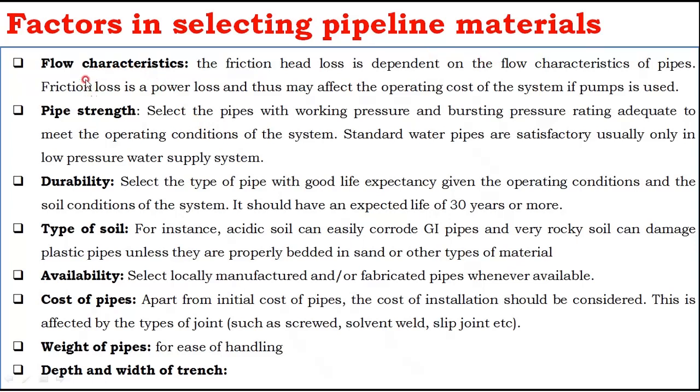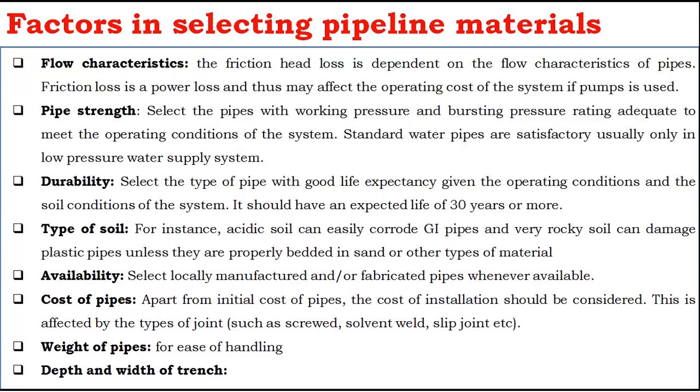For example, you are in a water supply scheme and your boss asks you to purchase some pipes. Then what are the factors you need to see before you purchase the pipes? That is all covered here. First one is the flow characteristics. You need to check. The friction head loss depends on the flow characteristics of the pipes. Friction loss you studied in fluid mechanics. Darcy-Weisbach equation you know.